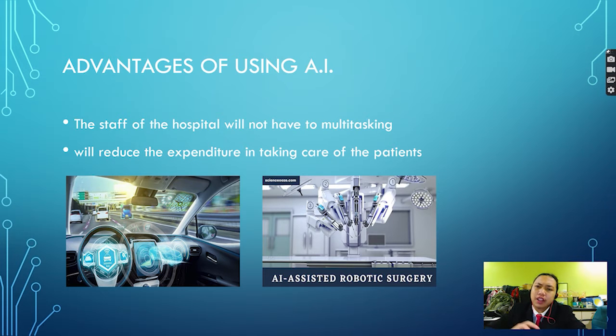So what comes to mind when you think of AI? AI helps a lot in many industries. It replaces hard labor so that workers don't need to do difficult tasks. In this case, in the hospital, the staff reduce their reliance.